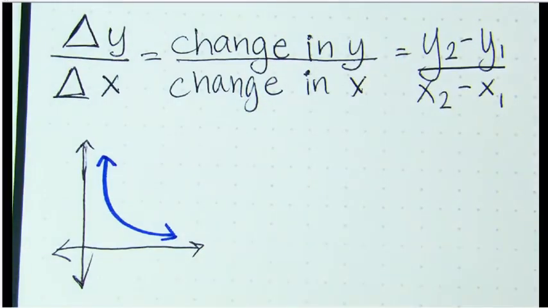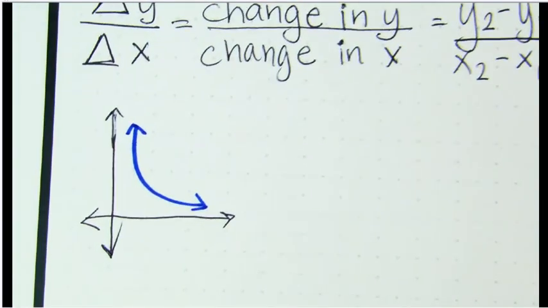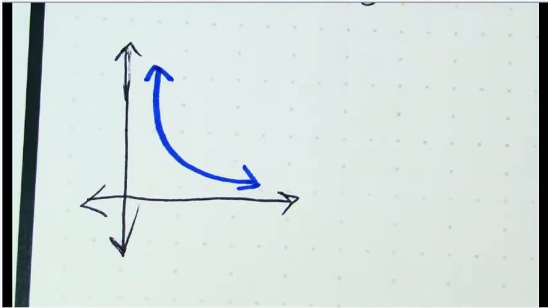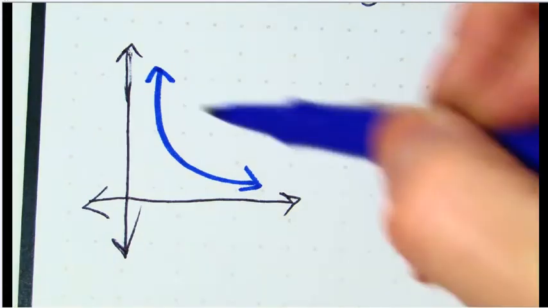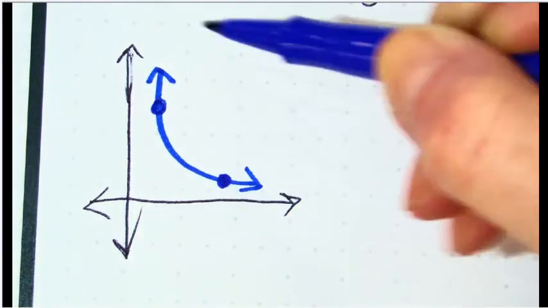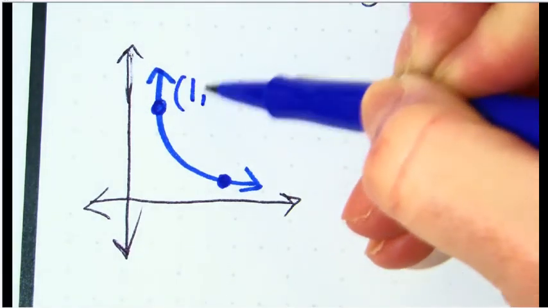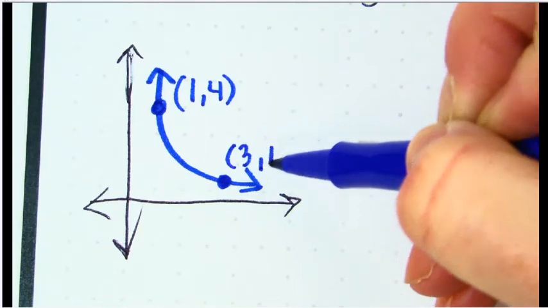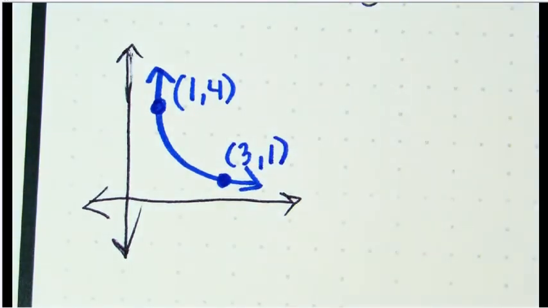Just try to have it close, just so that the points that we put on here make sense. And we're going to plot 2 points, and this is not drawn to scale or perfectly accurate. But the goal is to just have an idea of how to find our rate of change. Okay, so draw that curve, label the points.